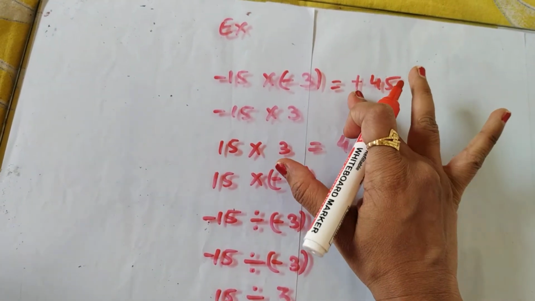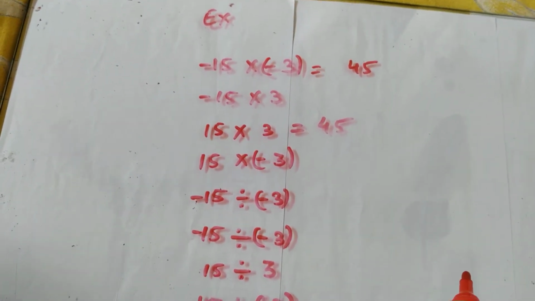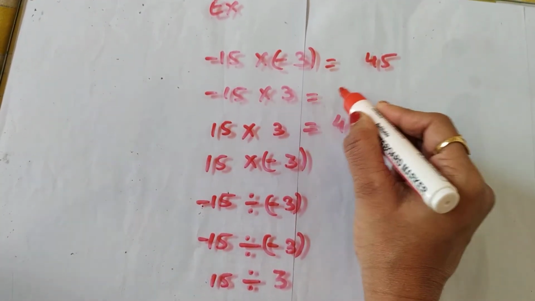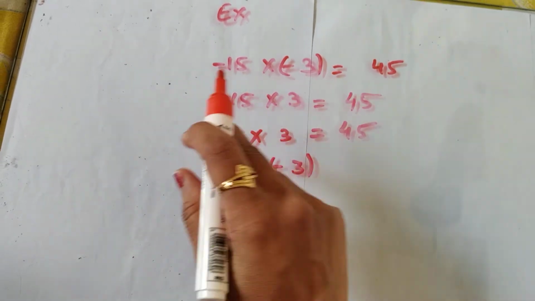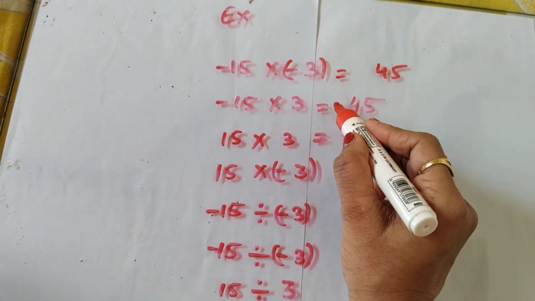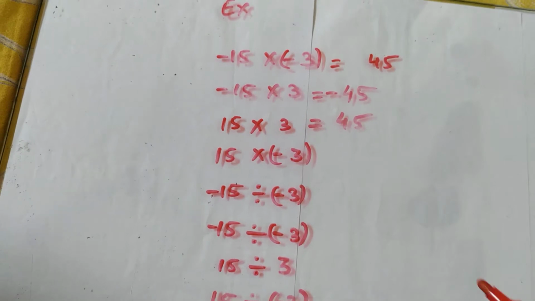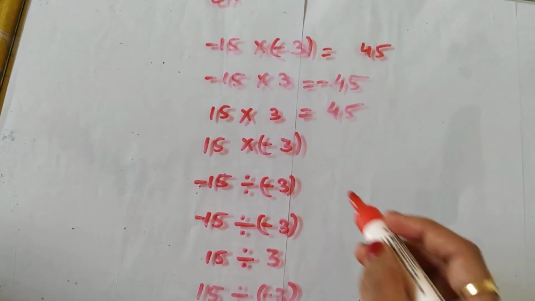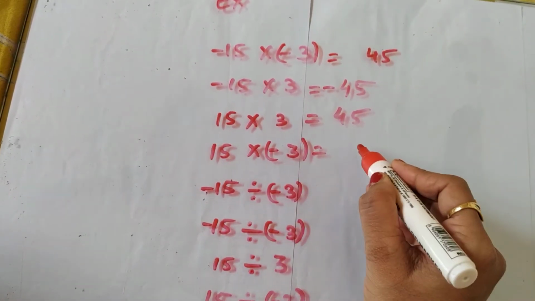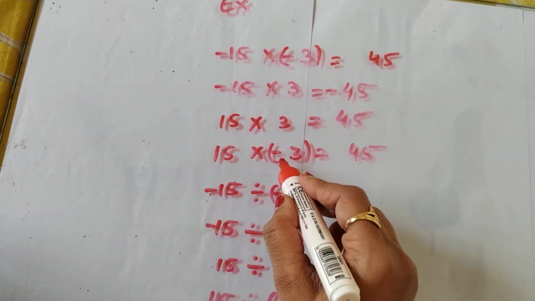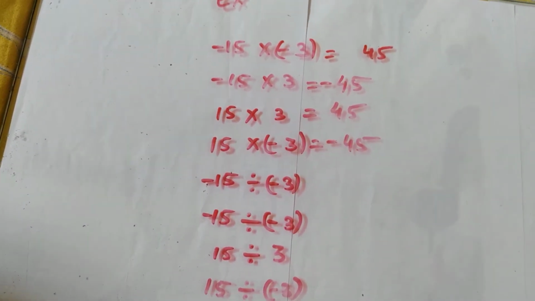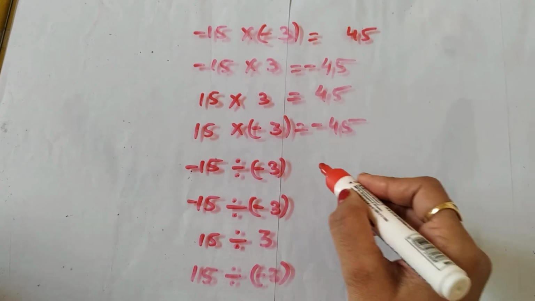We never write plus, so just 45. 15 into 3, 45 again. Minus into plus, two different signs give a negative sign. 15 into 3, 45. Minus into plus, minus. Two different signs give a minus sign.